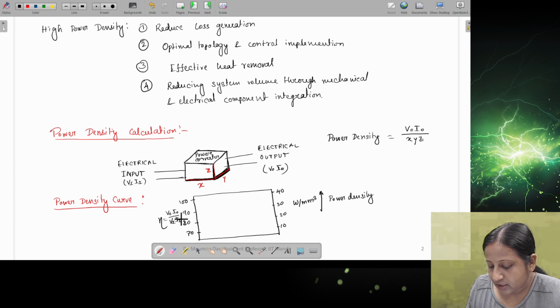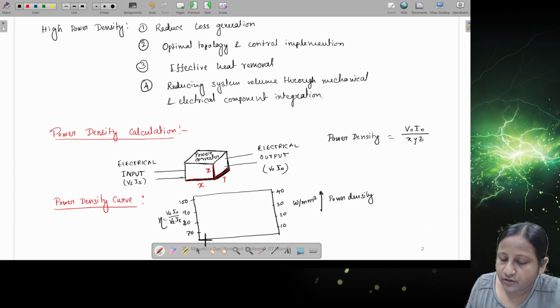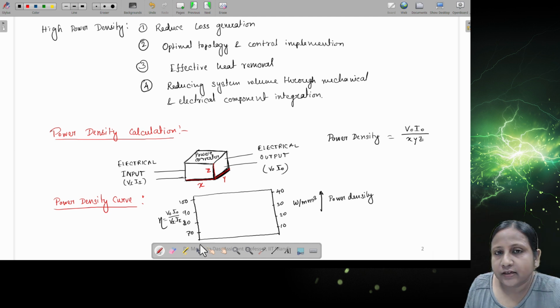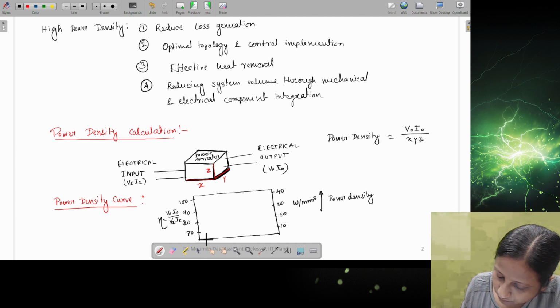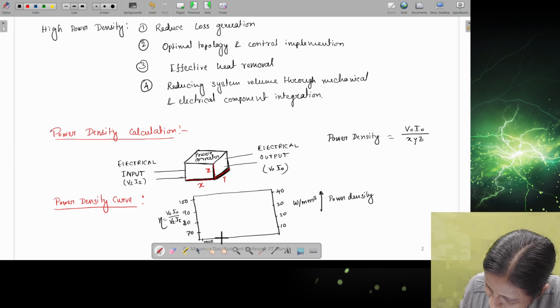Okay. Now the progress of these semiconductor devices is starting from 1990. Now we are in 2024. So if we try to plot that, the year if we represent here is 1990, then similarly 2000, then 2010, then 2020.